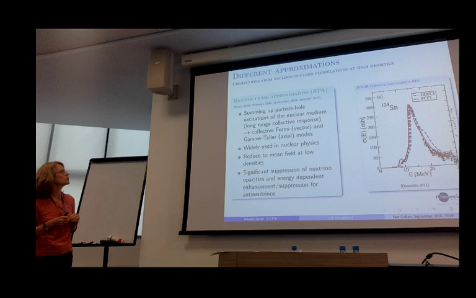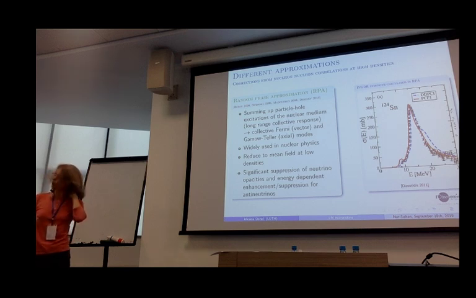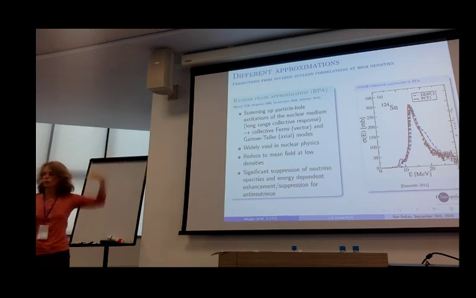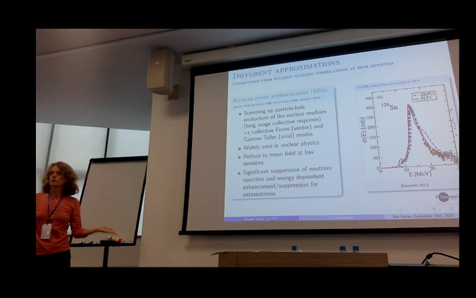The first papers which showed that the so-called random phase approximation can have a very important effect on neutrino interactions in dense matter are already 20 years ago. People showed that the difference in the reaction rate can be one order of magnitude for the relevant conditions.